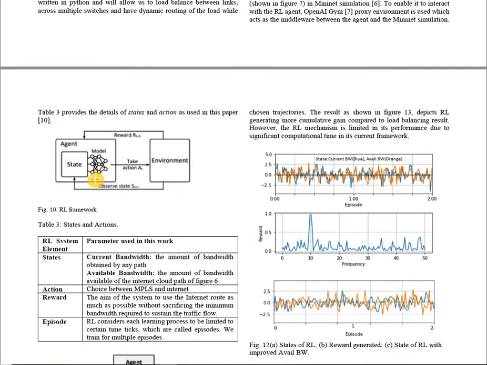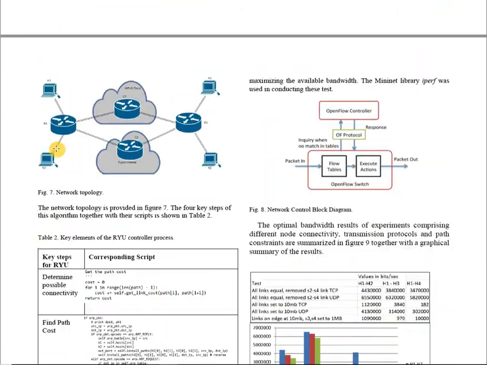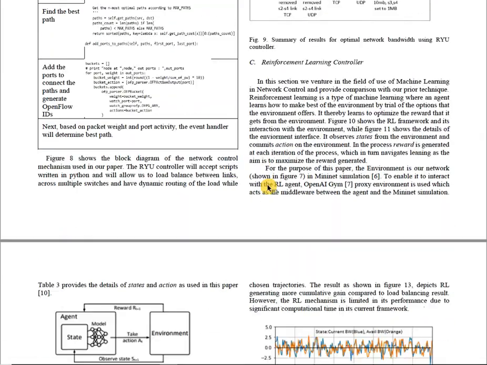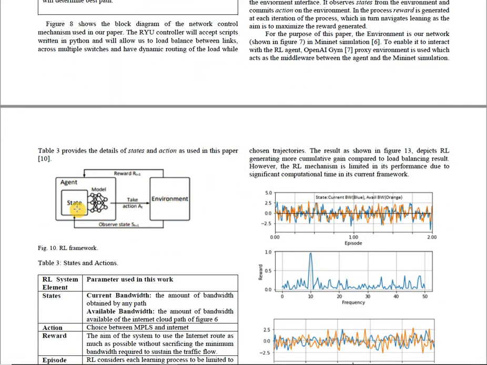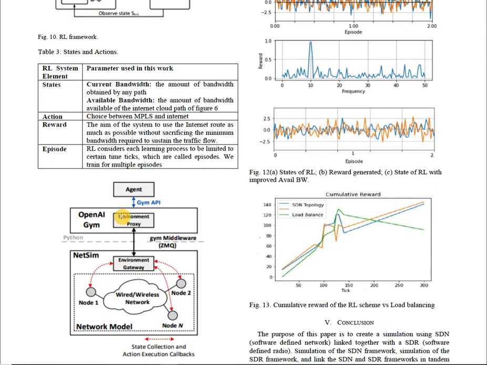We have used DQN as our RL agent, and then we have the rewards, which are basically the bit rates that you can get, and the states, which are which of the paths it is choosing between the two routers and the edge nodes, as well as the actions, which are basically choosing the right edge nodes.